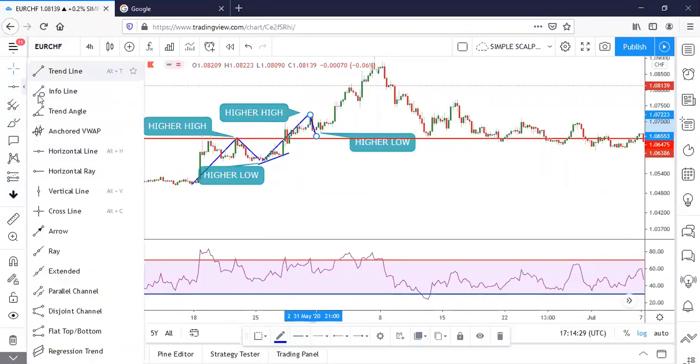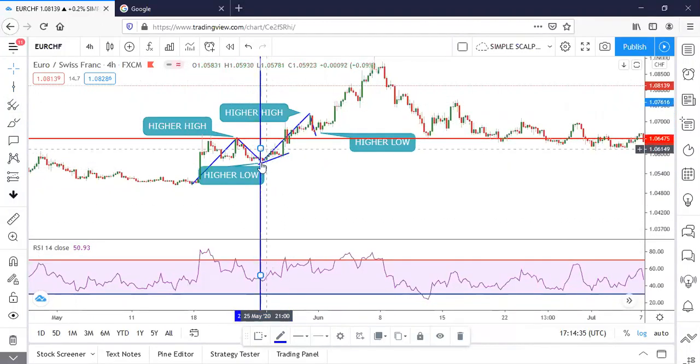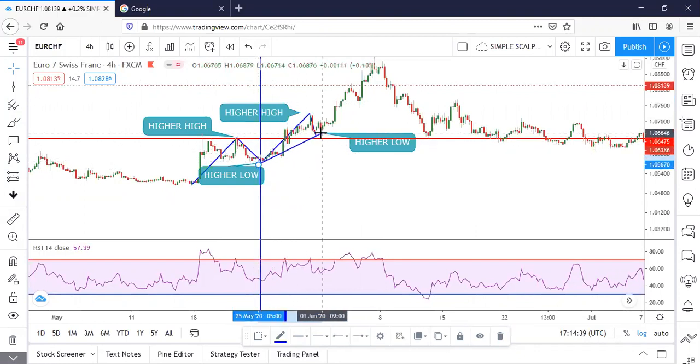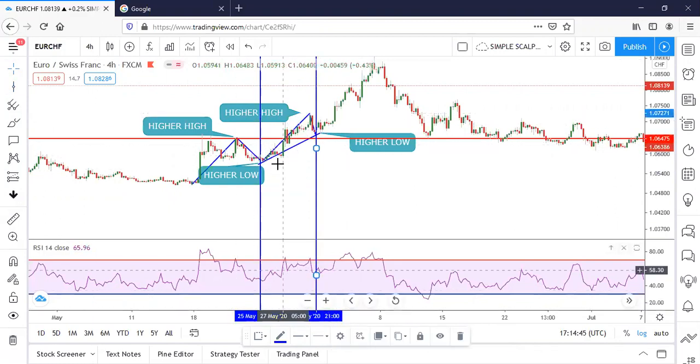you want to look at your indicator. You want to mark the same area. Let's mark this place, which is the higher low, right? And you connect these two areas together, then you mark this same area where you have the low.